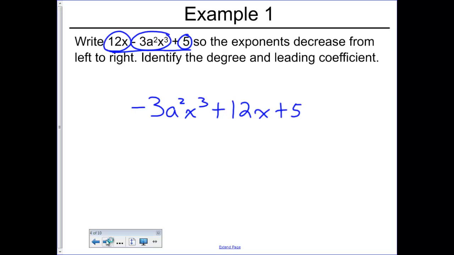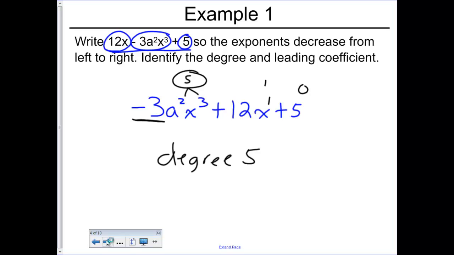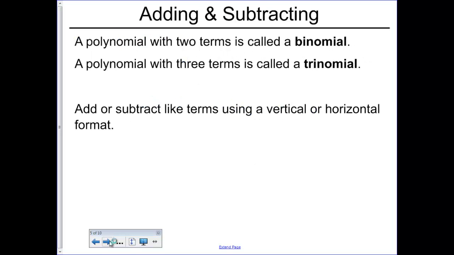So my leading coefficient is the negative 3, not just the 3. And I have a degree right here of 5, a degree here of 1, and a degree here of 0. So the degree of the polynomial is the one with the monomial that has the highest degree, which is 5. So this is a 5th degree polynomial.